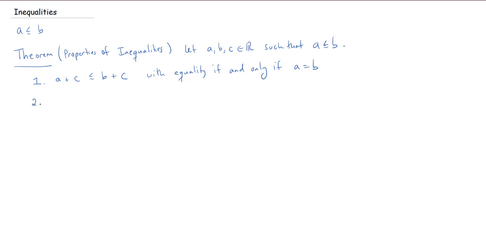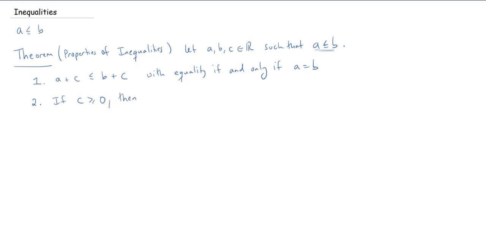All right, second statement. What if we know that C is not just any real number, but if C is non-negative? So if C is non-negative, then I can multiply both sides of this original inequality by C, and it will not change the direction of the inequality.